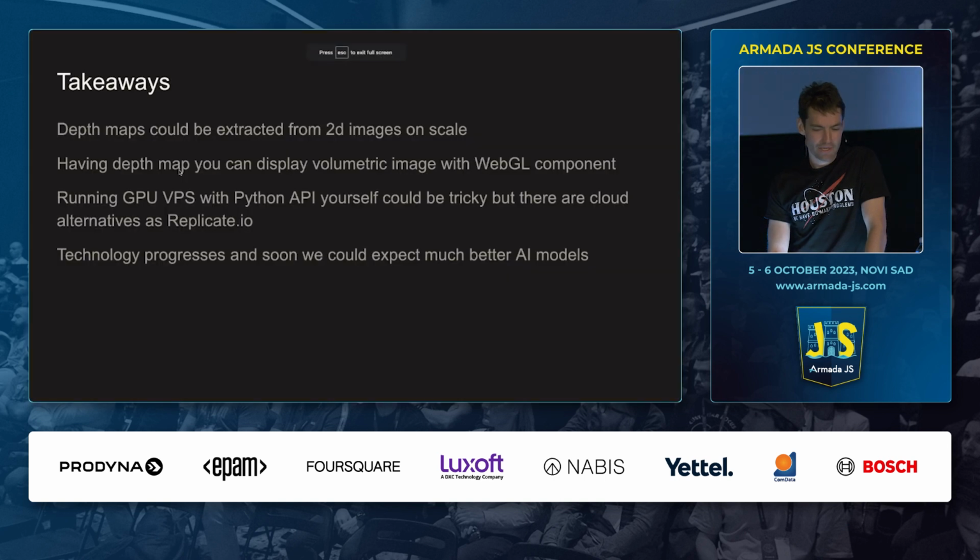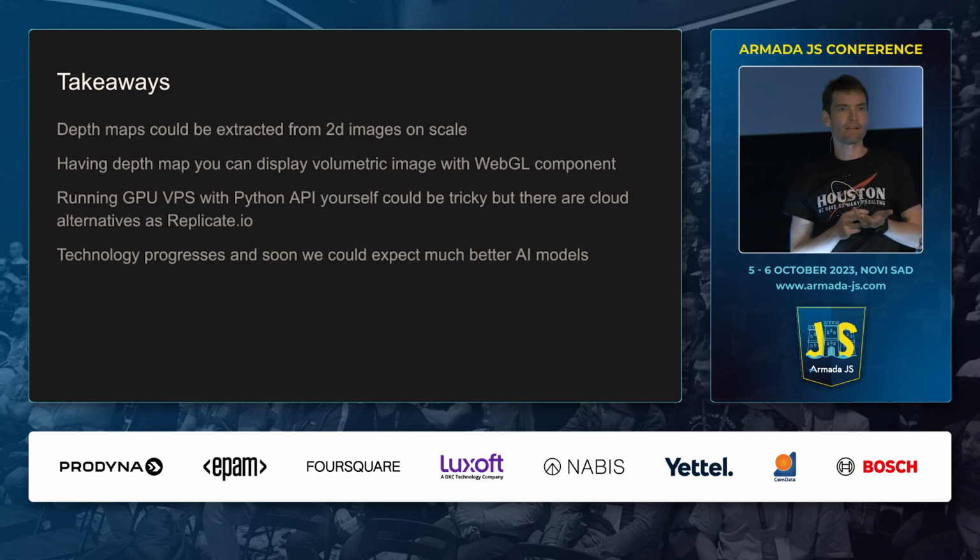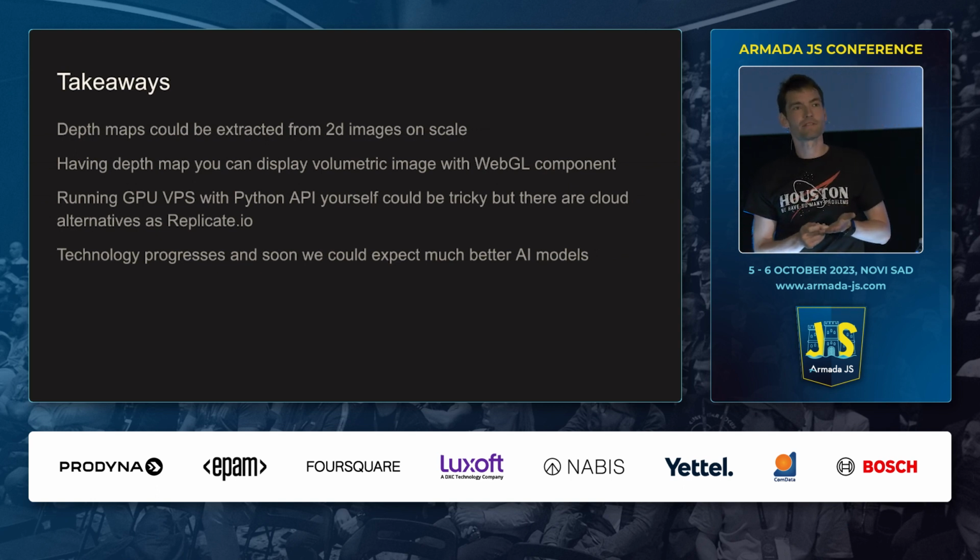Right. So yeah, takeaways. You can extract depth maps at scale from any image. You can display them with a WebGL component with graceful degradation if the user doesn't have WebGL. Running GPU VPS is a pain. It hurts, and Replicate can save you many hours of work and maintenance.